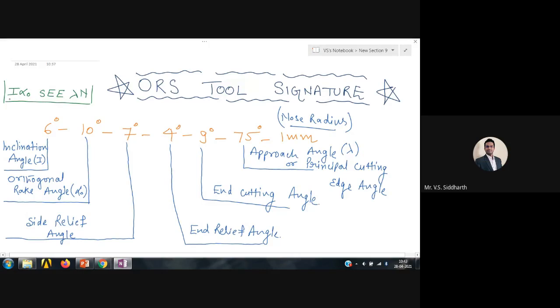I stands for inclination angle. Alpha naught stands for rake angle. The first E stands for end relief angle. The second E stands for end cutting edge angle. Lambda stands for approach angle or principal cutting edge angle. And the last N stands for nose radius. Can you remember it?